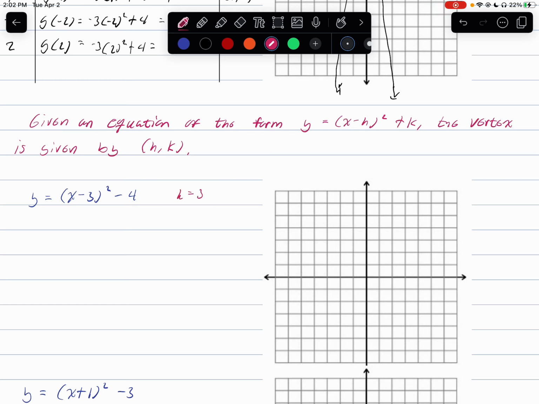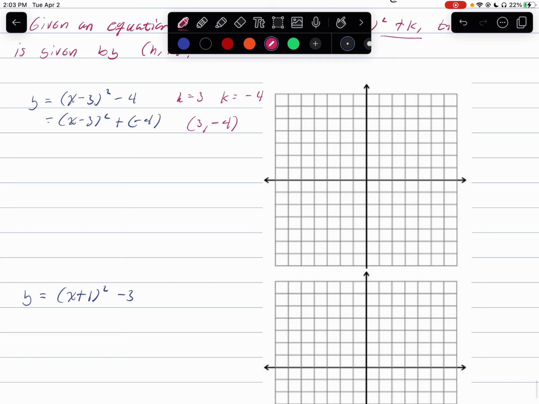But the form has plus k, and here we have minus 4, so we can rewrite this as (x minus 3) squared plus negative 4. That means k is going to be negative 4. So our vertex is going to be given by (3, negative 4).